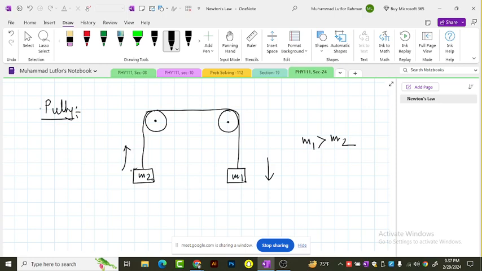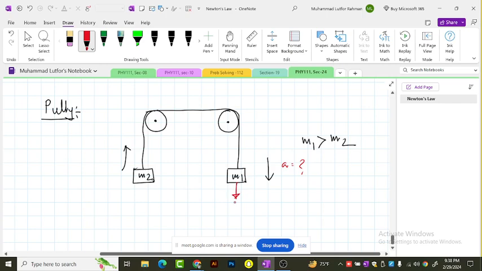Am I right? Yes, sir. So I want to find that acceleration from here. What should be that acceleration? To find that, I need to draw the free body diagram. How many forces will be acting on this M1 over here? It will be two forces.